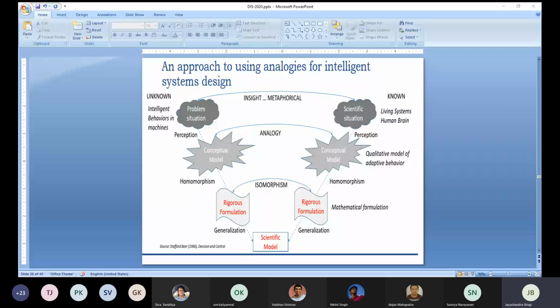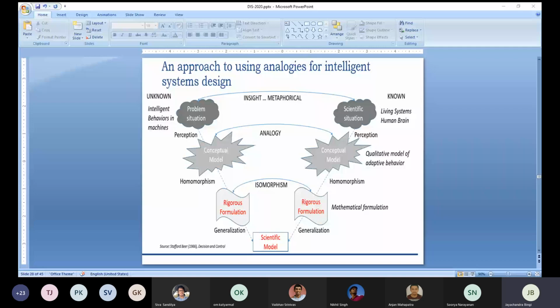At that time, what you do is you choose: is there any similar situation in nature? If there is a similar situation in nature, first of all, you are going to understand that. Okay. So when you understand that, then you can comparatively understand your situation also, your system's behavior also.